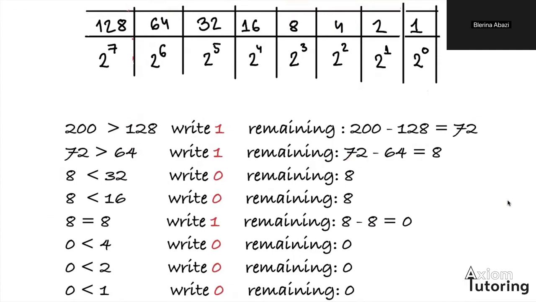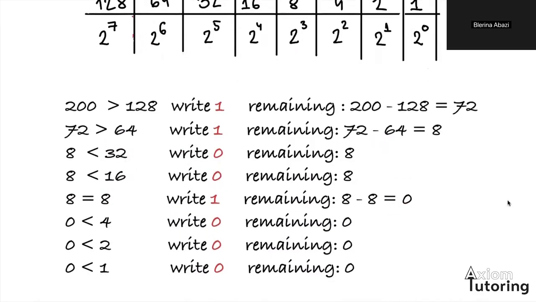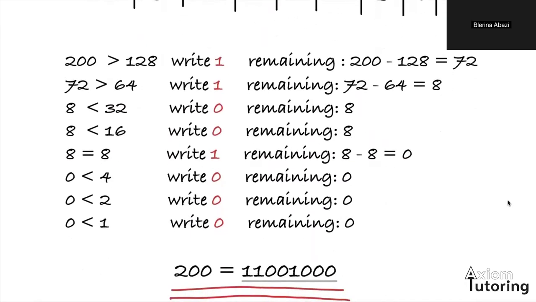We have 8 here, and then we write zeros because the number is smaller than the values here until we get to 8, which is exactly what fits into this remainder. And what we do is we write 1, we subtract it, and now we have a remainder of 0. And what we do in these cases is we continue with writing 0 for each of these columns. And in the end, 200 equals 1, 1, 0, 0, 1, 0, 0, 0.